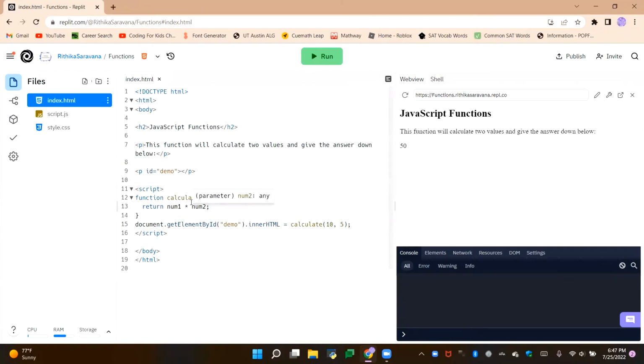So you could experiment with this, but we created one function, and you can repeat that function over and over again. Like I could create another paragraph, and I could call the function again. So the good thing is you don't need to keep on saying multiply this, multiply that.